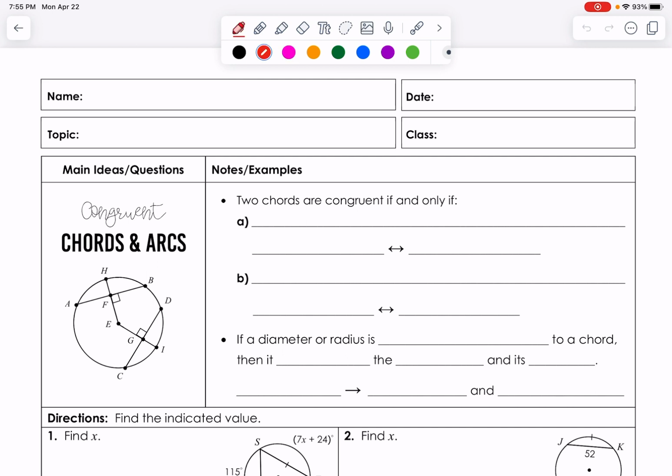Two chords are congruent if and only if, that means these conditions must be met, their corresponding arcs are congruent.